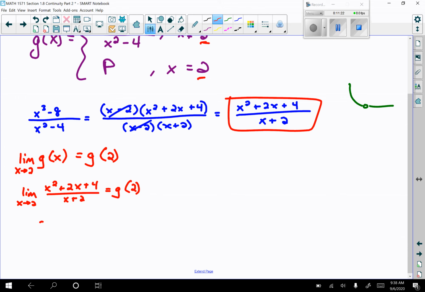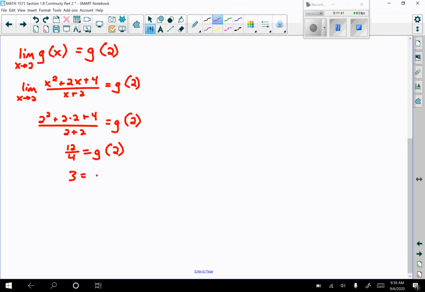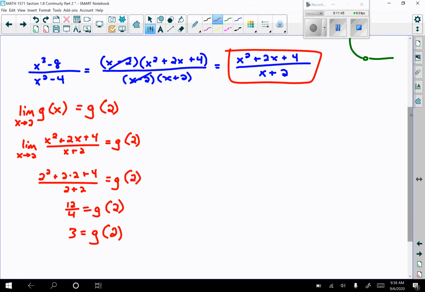So I'm going to get 2 squared plus 2 times 2 plus 4 over 2 plus 2 is going to equal g of 2. So this is going to give me 4 plus 4 plus 4, which is 12 over 4, so g of 2 is 3. All right, so there's a couple ways we could do this. This is just one of them.